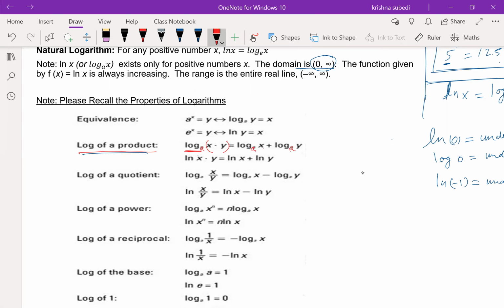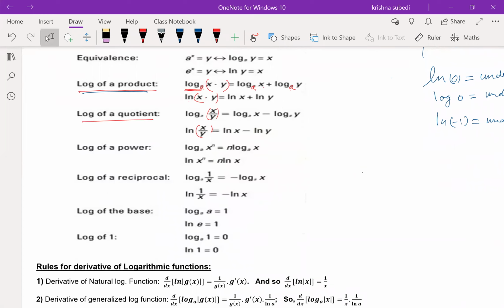In the same manner, for natural logarithm, the same rule works. So when you have the natural logarithm of x times y, we can write this as ln x plus ln y. So the quotient rule is here. If we have x over y, we can write log to the base a of x minus log to the base a of y. Same with natural logarithm. So they share the same property, by the way.